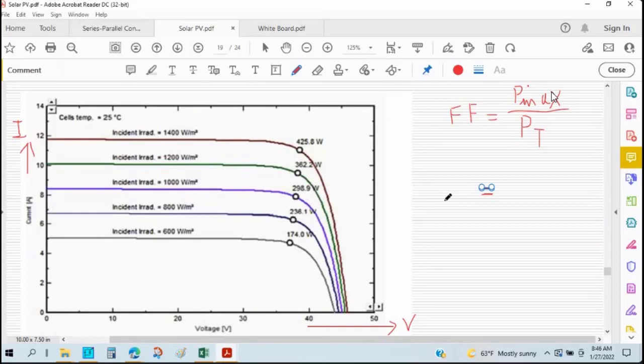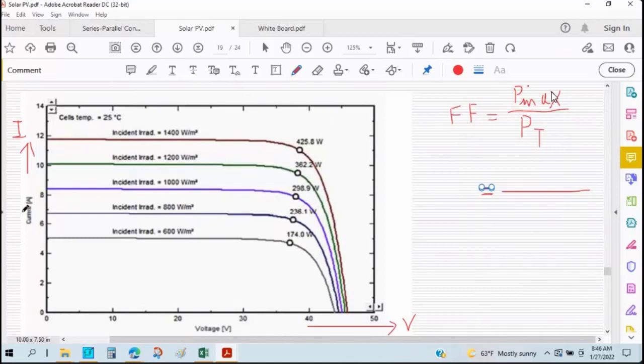Okay, Chuhan Howlader, how to find the value of P max and P theoretical, sir? I'm not sure, but I think it depends on factors.